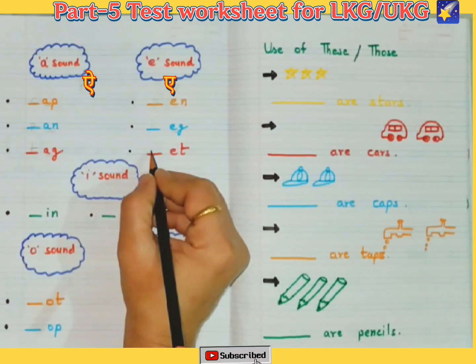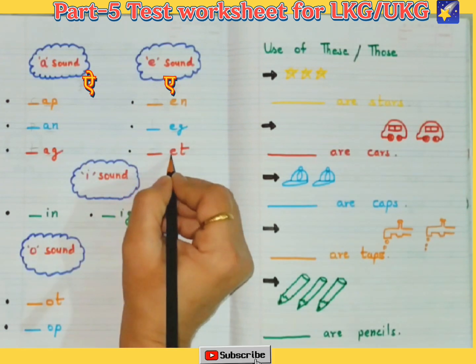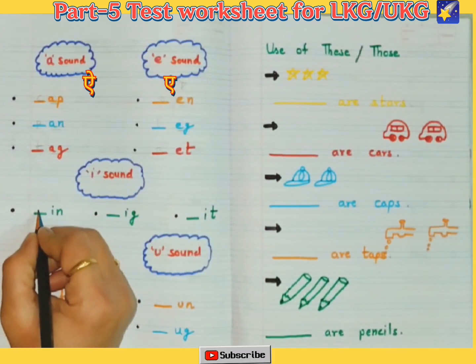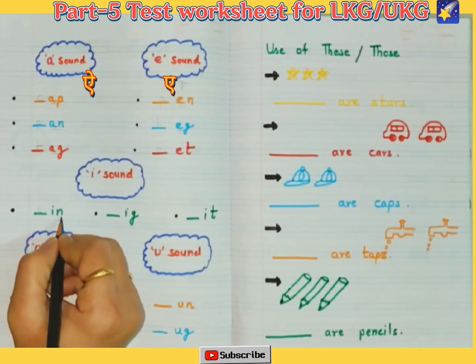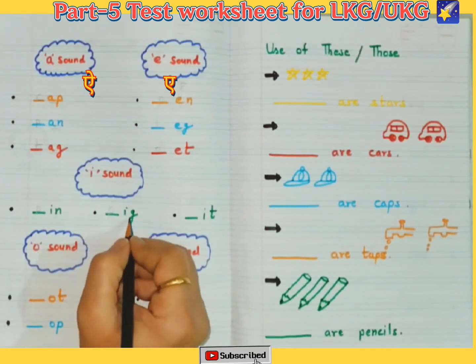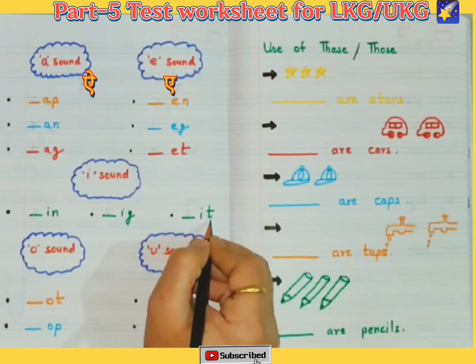Next, we can write here net, N-E-T, net. Now I sound: pin, P-I-N, pin. That is pig, P-I-G, pig, or B-I-G, big, you may write anything. Sit, S-I-T, sit.